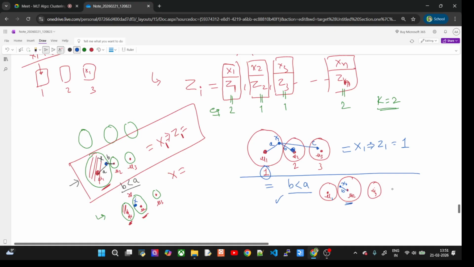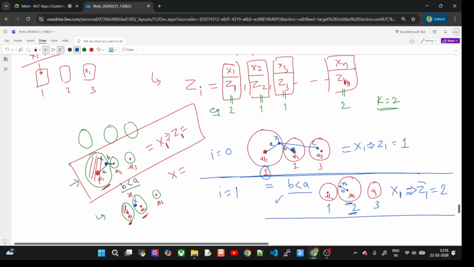And now in this iteration, this is i equal to 0, and this is i equal to 1, the next iteration. You are saying now x1 has cluster indicator z1 with a value of 2.